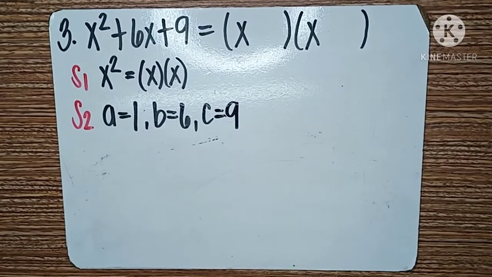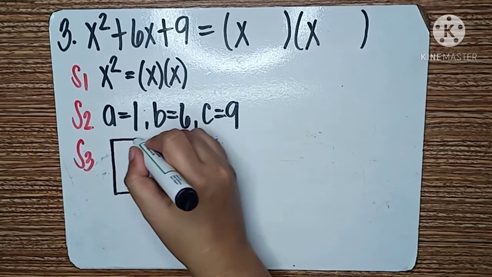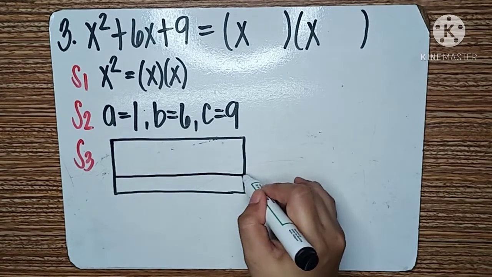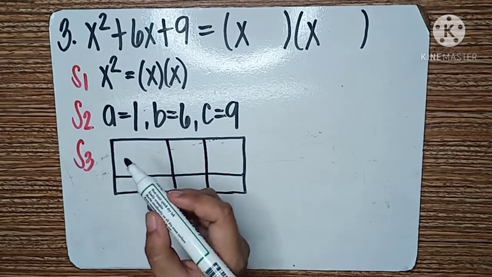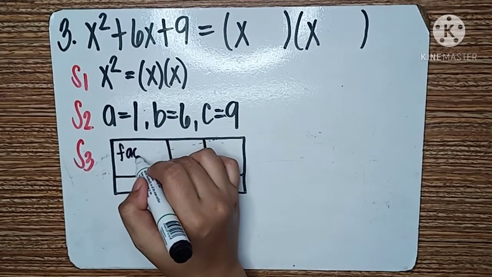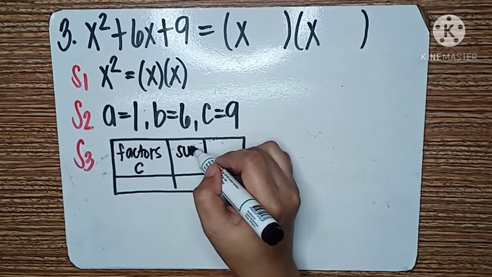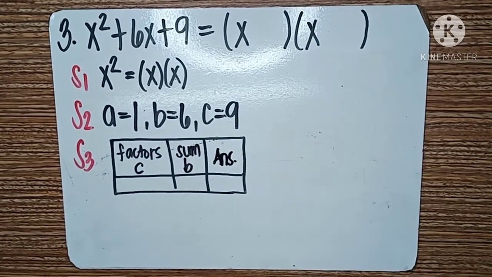For step 3, we'll draw a box with 2 rows and 3 columns. So for the first box, we'll write factors of c, whose sum is b, and our answer.